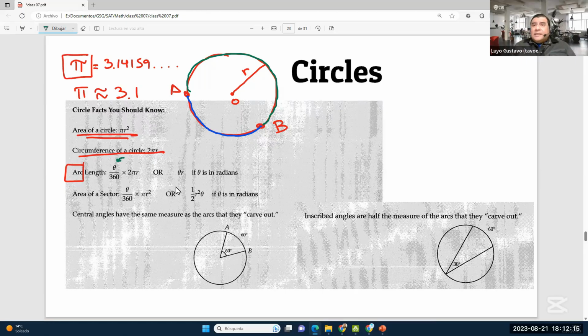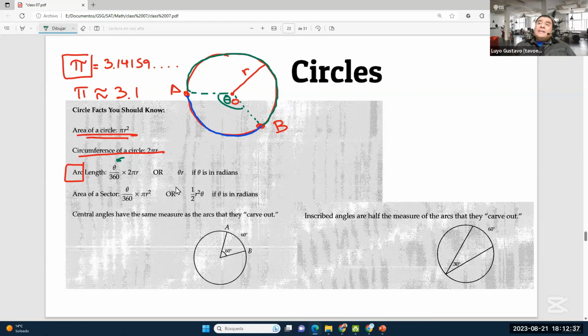This is the measure of the central angle that comes from the two radii from the endpoints of the arc. So this is angle theta.